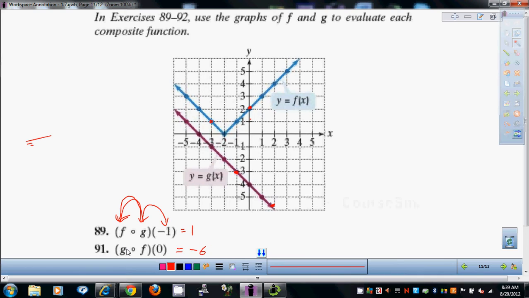Questions? You got 91 but not 89, or do you want me to just explain? Oh, just start with 89? Okay, sure. First thing, if I just asked you to look at this and say, where is G of negative 1? You'd find G, which is the purple one. You'd go to negative 1, and you'd find the y value, which was negative 3.